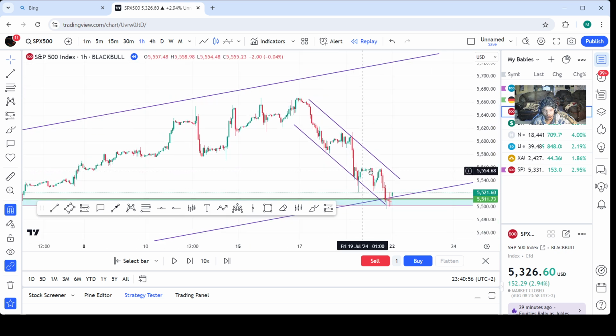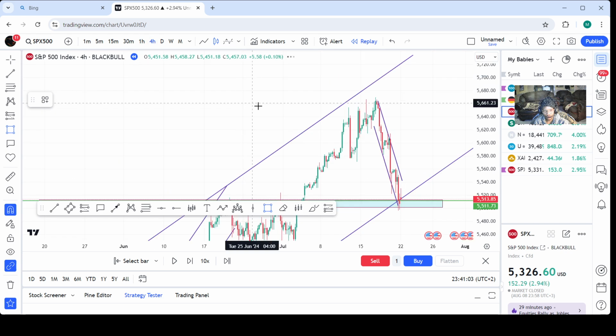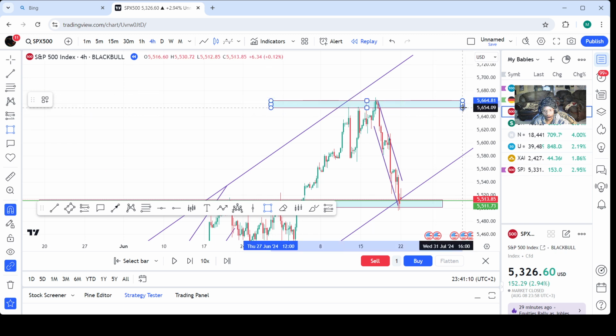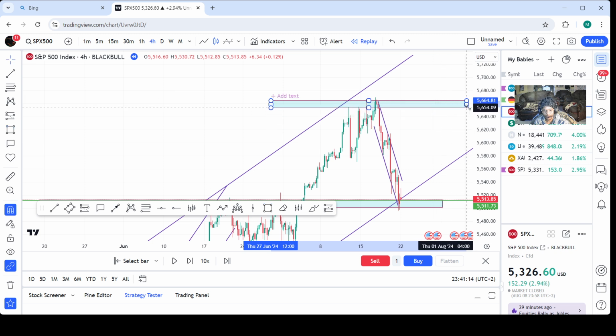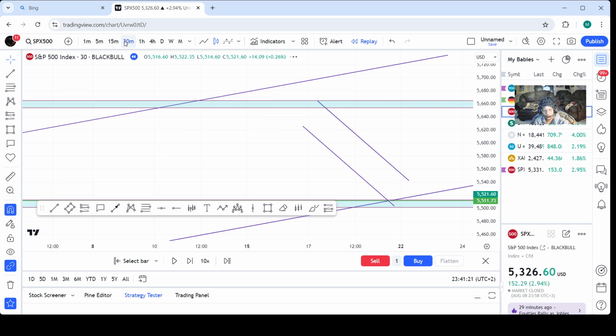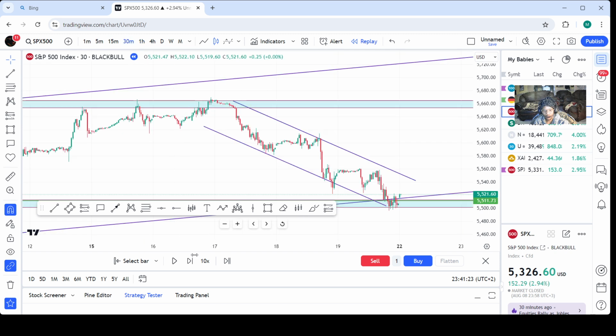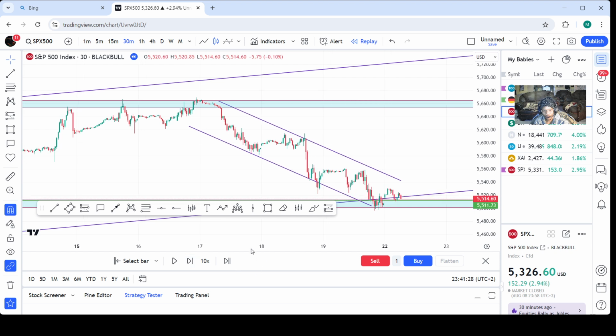So expecting it to push back until, let's just go to the 4 hours. Until there, those most touches right there. So let's see if we're getting entries on the 30 minutes. Let's wait for the retest. There we go.